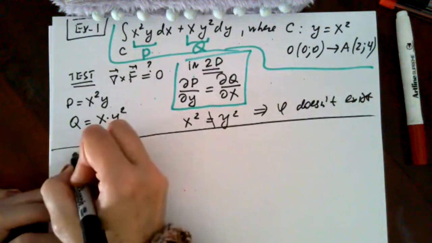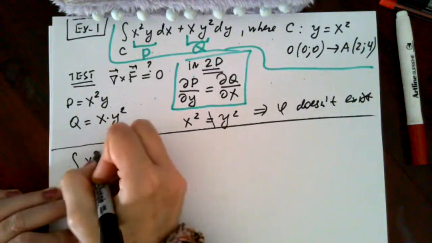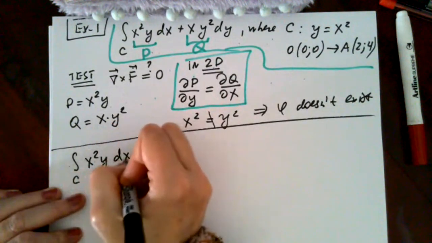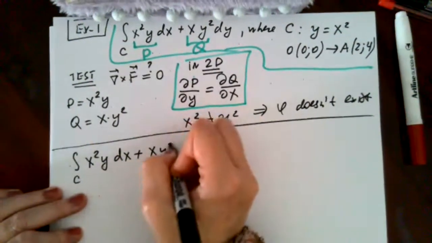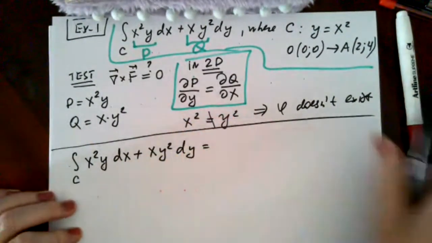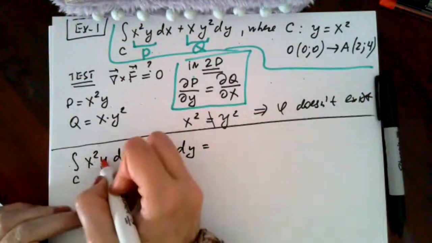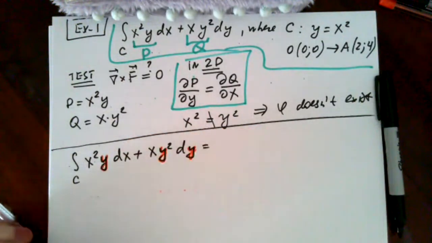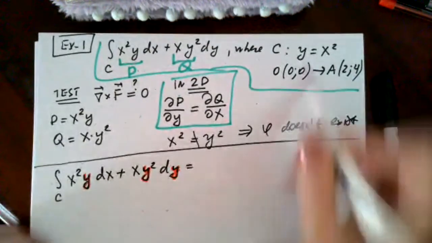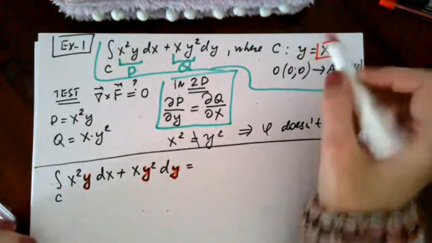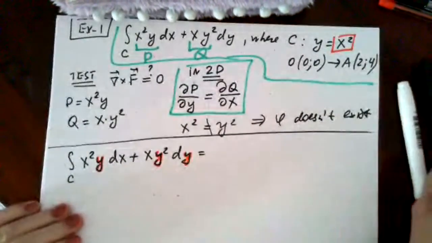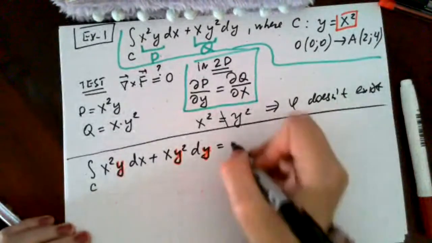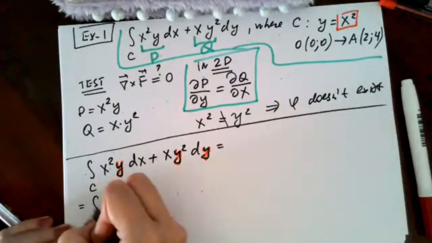But as I described before in this left column of our table, this technique is super easy. So all you need, let me write this integral here again: x squared y dx plus x y squared dy. All you need to do is realize that you have this annoying letter y, which is here and here. And all you need to do is substitute this y with this expression, because y is equal to x squared. So let's just do it. Maybe it's better to do it here.